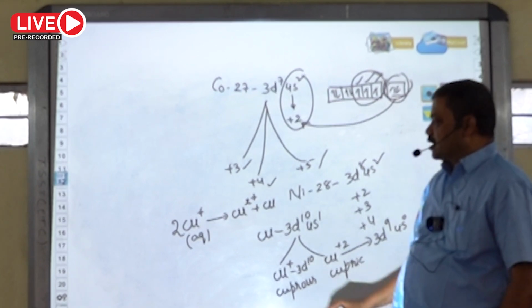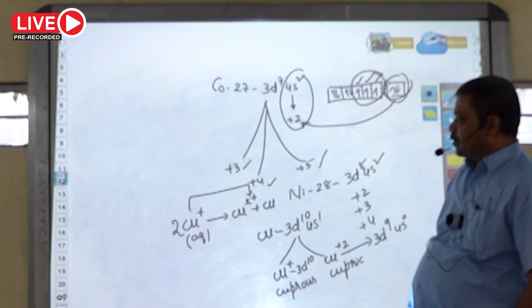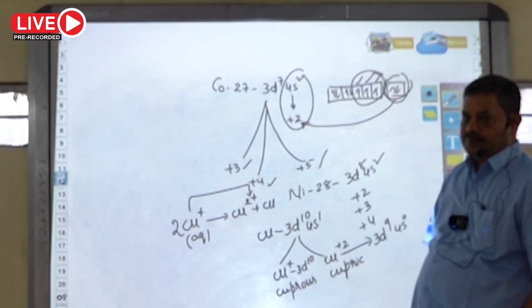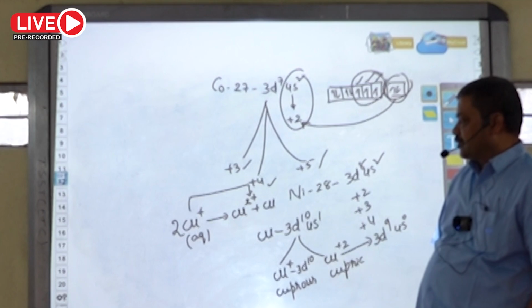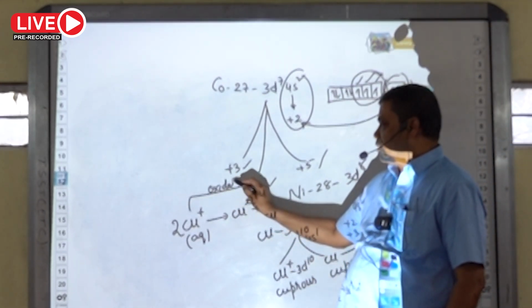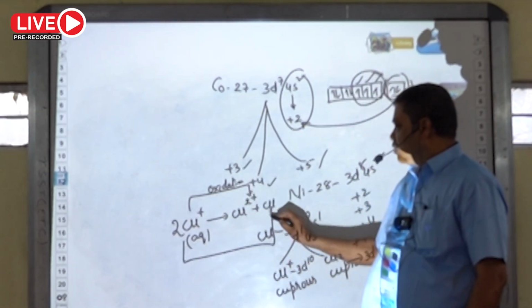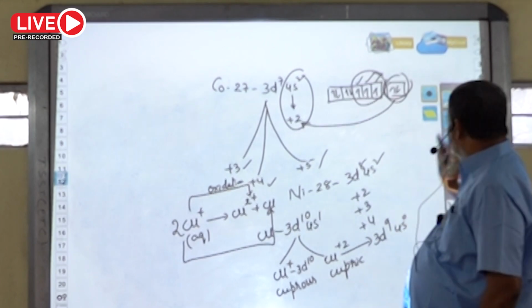This is what I am telling, disproportionation. +1 to +2. What is this? Oxidation. Increase in oxidation number. What is this?